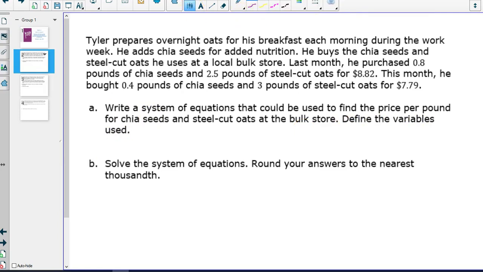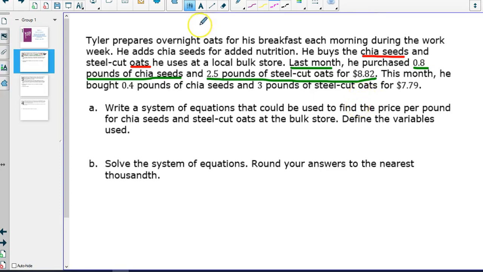Alright, so let's try to figure out what all of the important information is first. So we know he's buying chia seeds and oats. Both of those are coming from the same place. Okay, so we have one purchase up here. We'll use green to represent our first purchase. So our first purchase last month, 0.8 pounds of chia seeds and 2.5 pounds of steel-cut oats for a total cost.